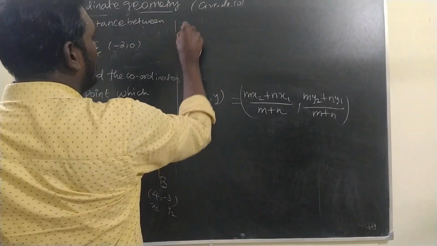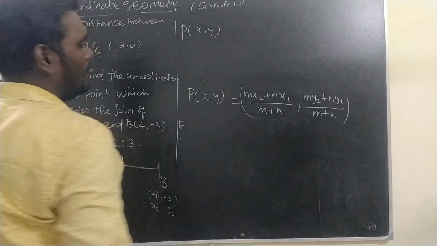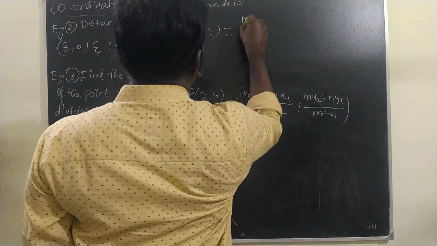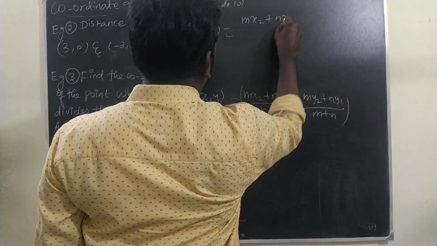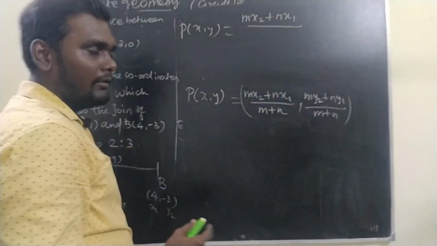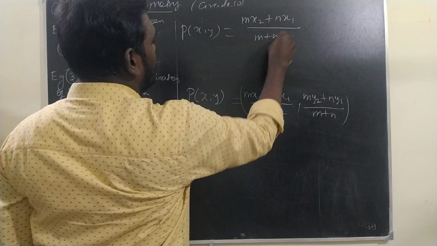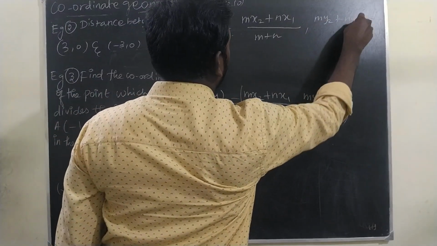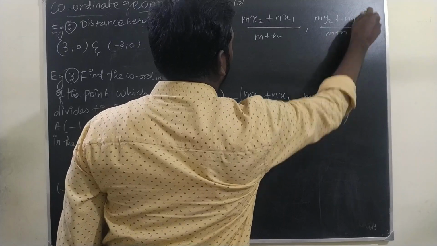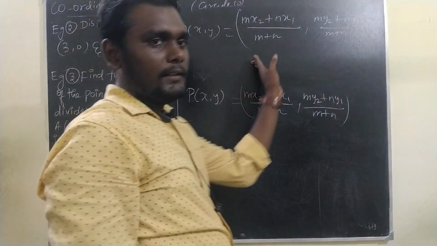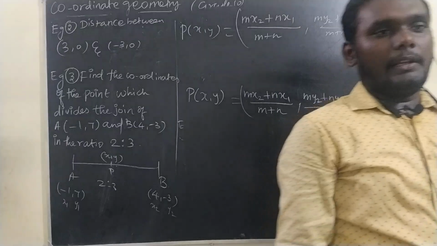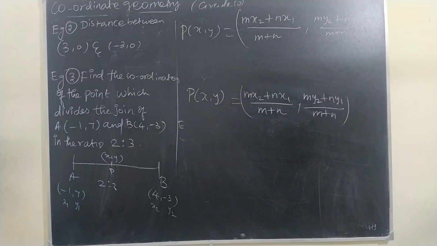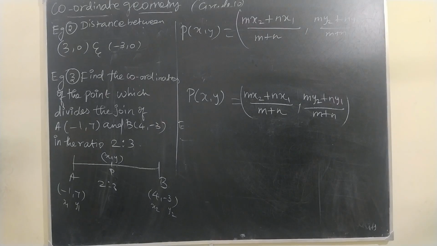So, now the point P, that is x, y, equals this formula: m x2 plus n x1 divided by m plus n, comma m y2 plus n y1 divided by m plus n. Both x coordinate and y coordinate you have to write. You should not leave any single point. And after that, apply the formula values.